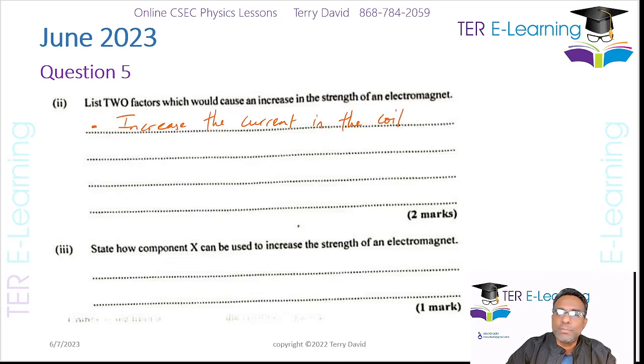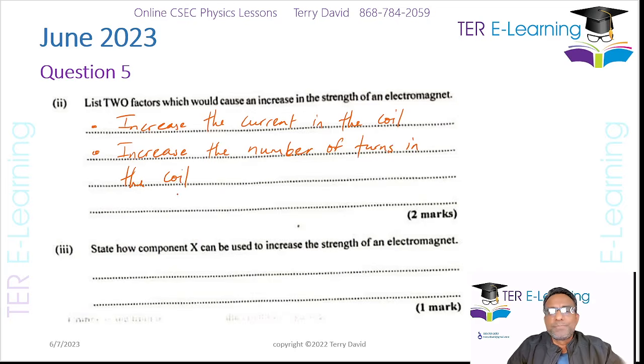As another option, we can increase the number of turns in the coil. But that's it. That's what I would say.